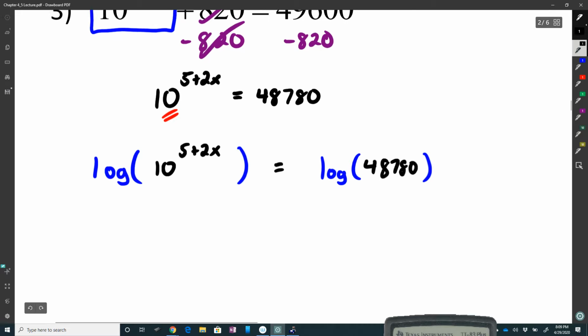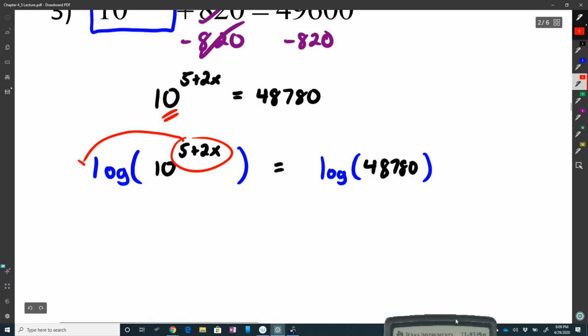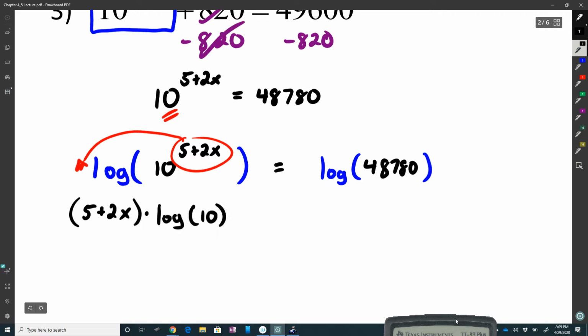Okay, so you can think of this as the log and the 10 canceling out, or if you want, you can have the exponent come to the front. But remember, it's the entire thing. It has to come together. So the exponent, if it's more than one thing, when you bring it to the front, has to come to the front as a group.